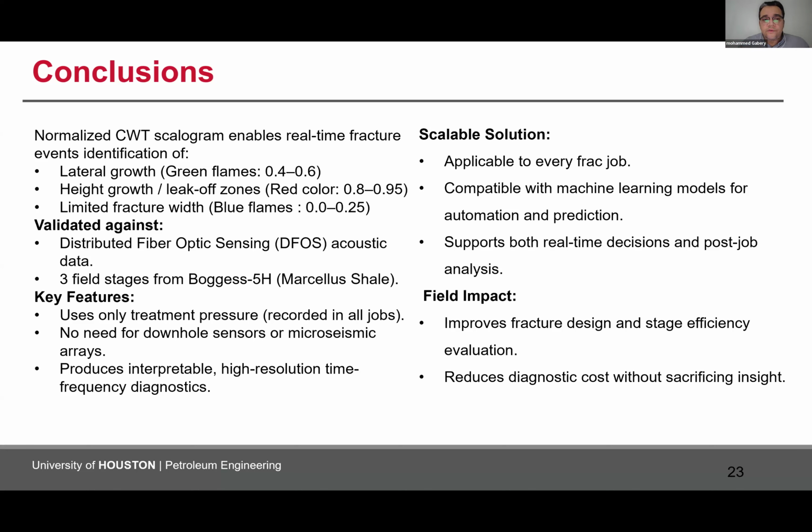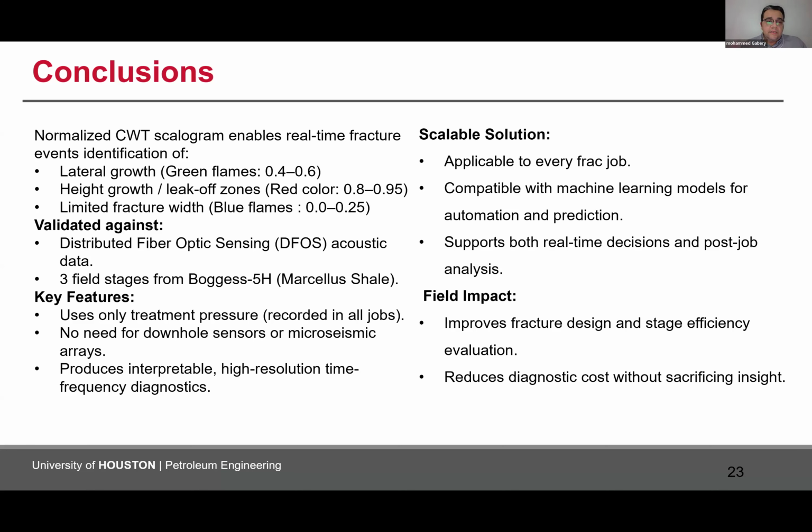Height growth or leak-off zone, over all scales, shows 0.8 to 0.95. If the fracture growth is limited in width, the fracture flames will show as more blue flames, between 0.25 and 0.5.